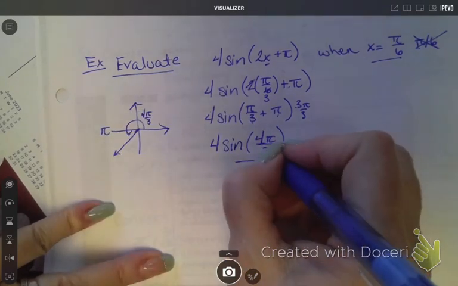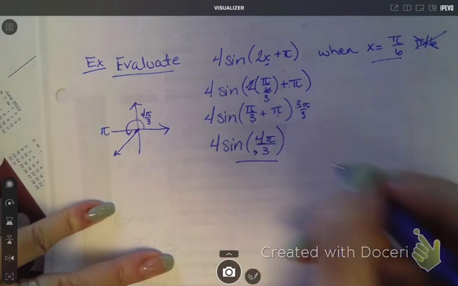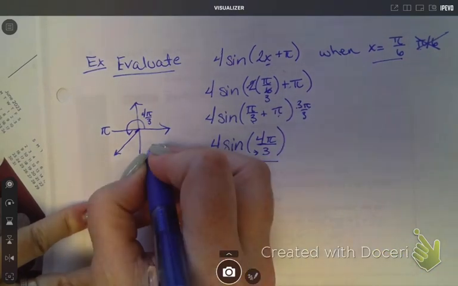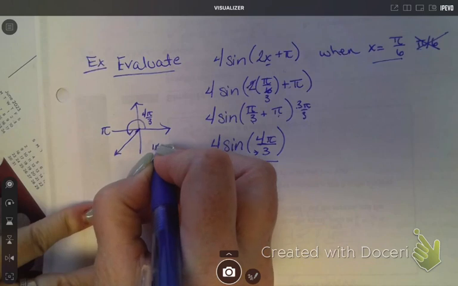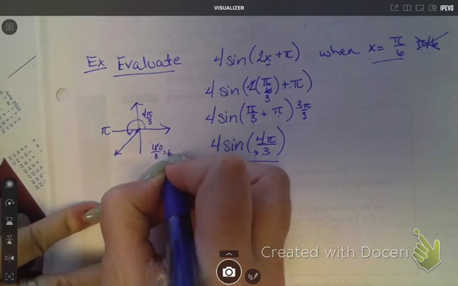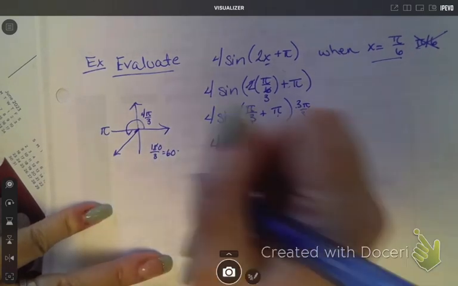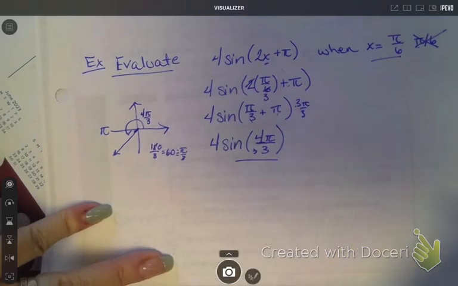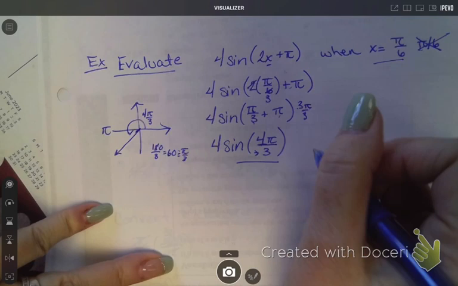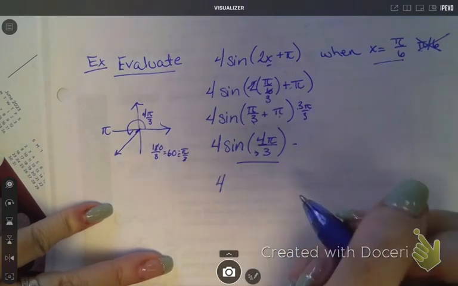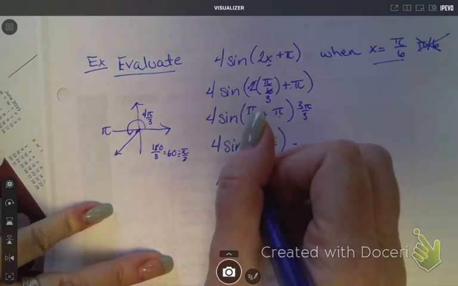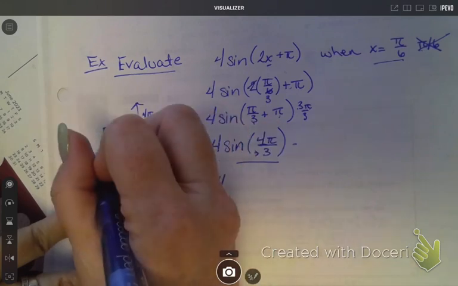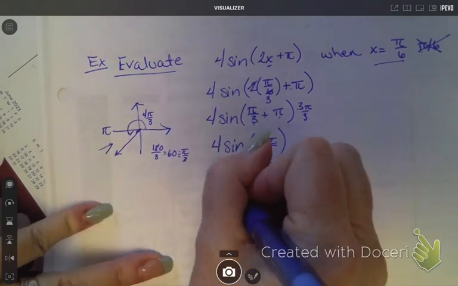My reference angle has a 3 in the denominator, so 180 divided by 3 gives you 60. So there's your reference angle, or pi over 3. Got to interchange those in your brain. So I need 4 times the sine, and sine's also negative over here in that third quadrant, so it's going to be negative.